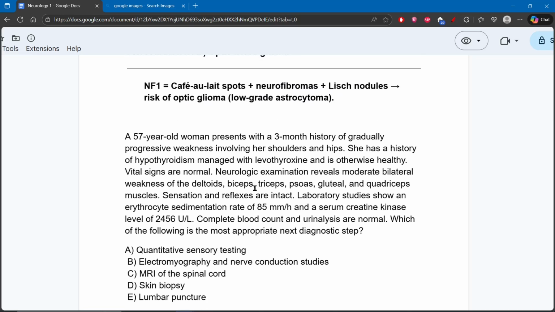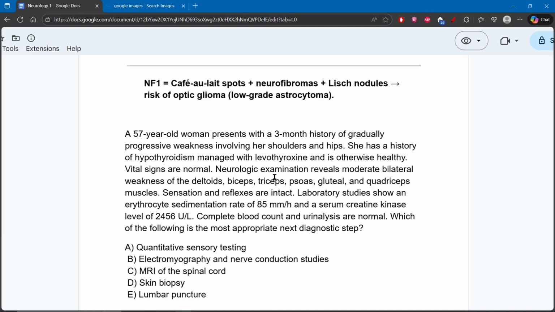Moving on, a 57-year-old woman presents with a 3-month history of gradually progressive weakness involving her shoulders and hips. She has a history of hypothyroidism managed with levothyroxine and is otherwise healthy. Vital signs are normal. Neurologic examination reveals moderate bilateral weakness of the deltoids, biceps, triceps, psoas, gluteal, and quadriceps muscles.